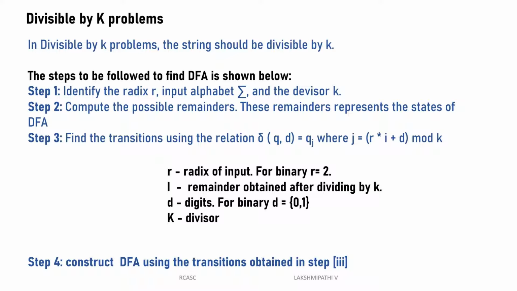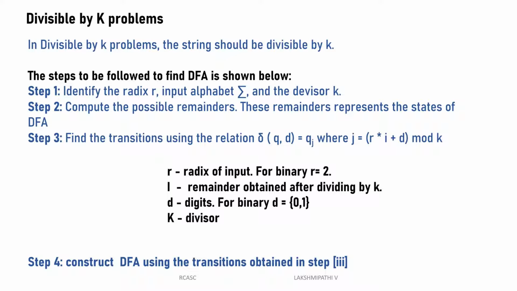This method is called the divisible by k problem. Using this, we can construct the DFA using the transitions obtained in step 3. What transitions are we getting? Using the transitions we can design the DFA. Once again I will repeat this.